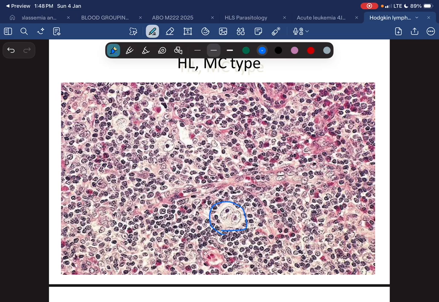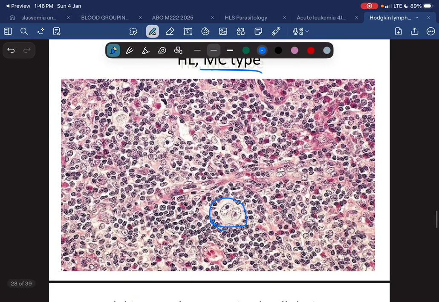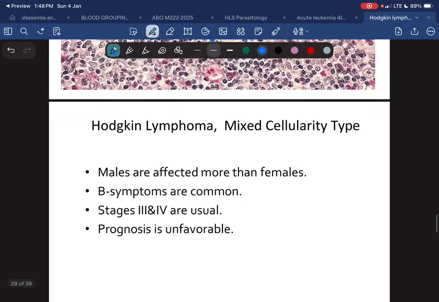Like in mixed cellularity, we have numerous classic RS cells, and background from its name, mixed: lymphocytes, eosinophils, macrophages, and plasma cells. This is the classic variant of RS cells, classically owl eyes with mirror image, okay, binucleated nucleus.